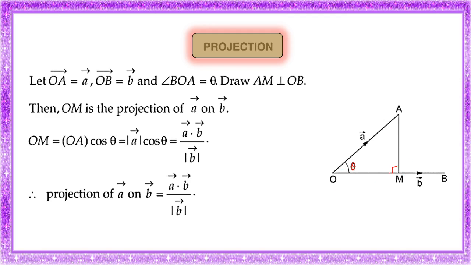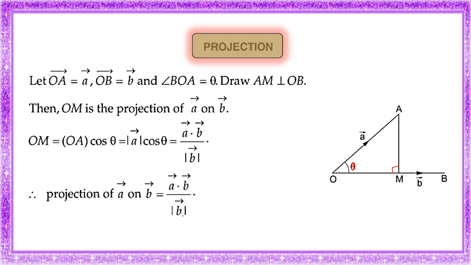Then OM is the projection of vector A on vector B, simply the shadow. And how do we find the projection? This is the formula: A dot B upon magnitude of B. This is the formula for finding the projection of any vector on some other vector.